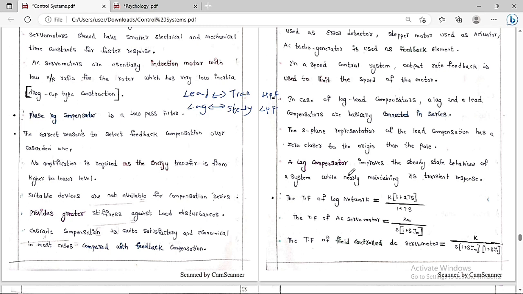So a lag compensator is going to improve the steady state behavior of the system while nearly maintaining its transient response. In simple words, a lag compensator improves the steady state behavior of a system while nearly maintaining its transient response.